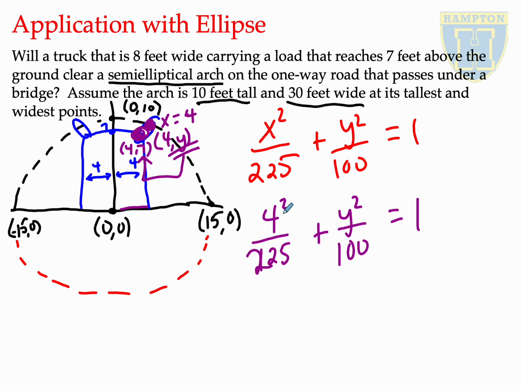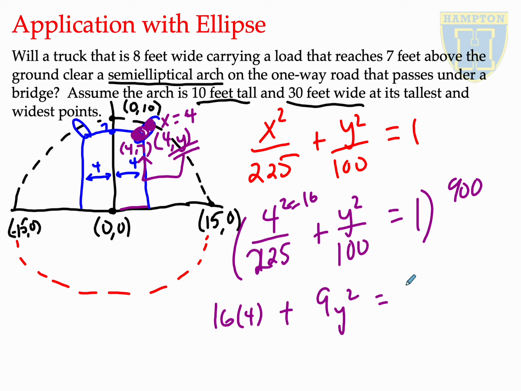4 squared is 16. We multiply by a common denominator to clear out the fractions. The common denominator for 225 and 100 is 900, leaving us with 16 times 4, the extra 4 that comes from 900 divided by 225, plus 9y squared is equal to 900.